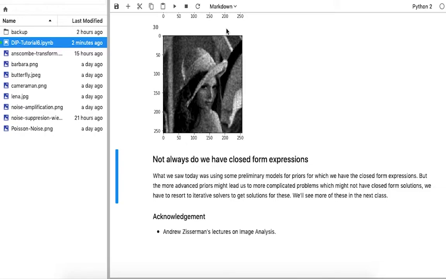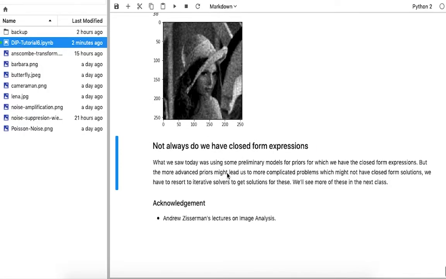It performs really well in denoising and many image processing tasks. We'll look at more of these priors and how to solve these optimization problems probably in the next class or the one after. Yeah, that's it.